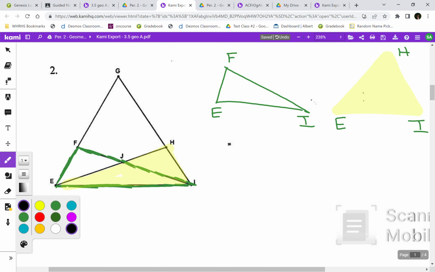If we look at the bottom, isn't EI the same in both triangles? Yeah, EI is the same in both triangles. All right, so that was the overlapping triangles that had a reflexive side.